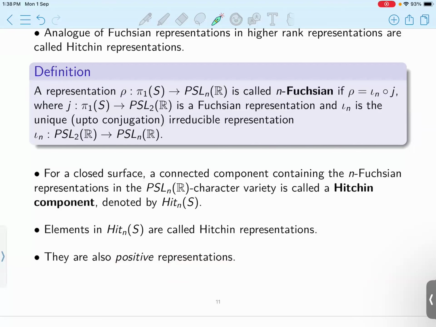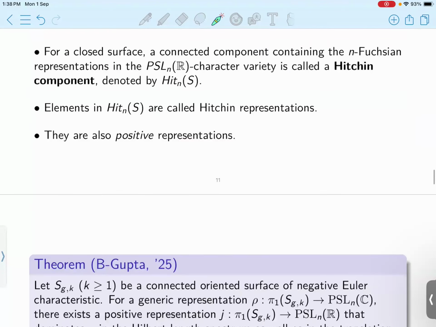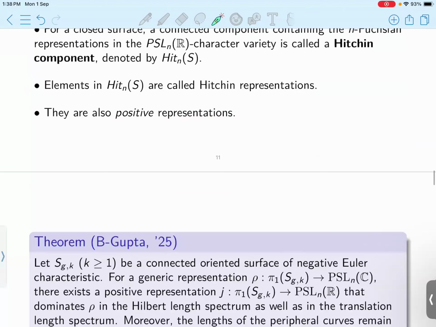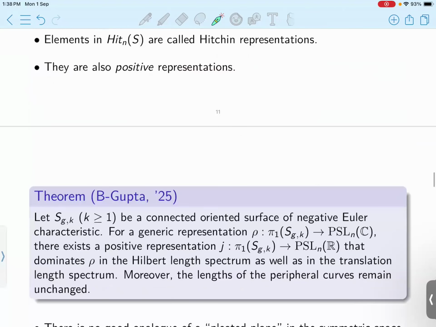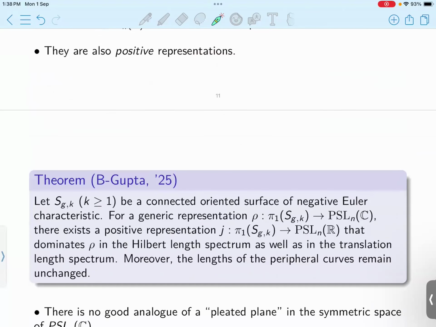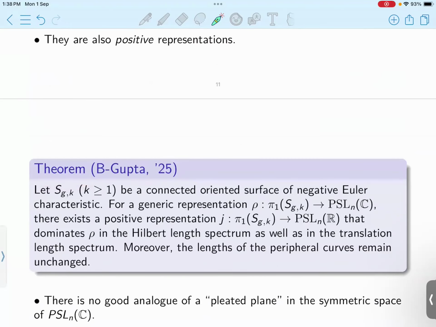Moving on and coming back to our original concern, whether dominating phenomena happen for higher rank representations or not, the following theorem has an answer. Let S_{g,k} be a connected oriented topological surface of negative Euler characteristic and punctured surface.